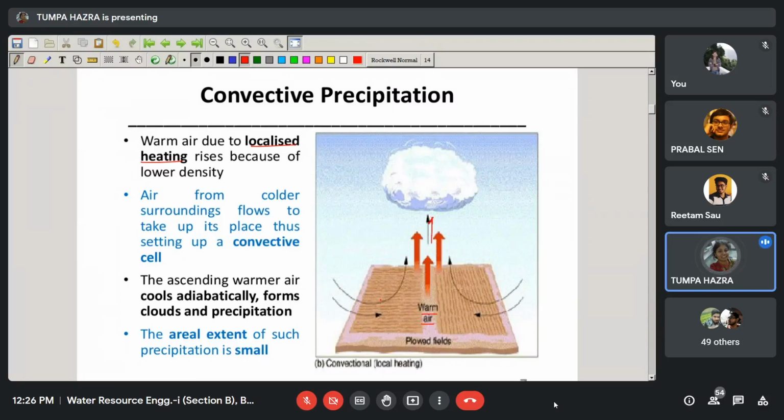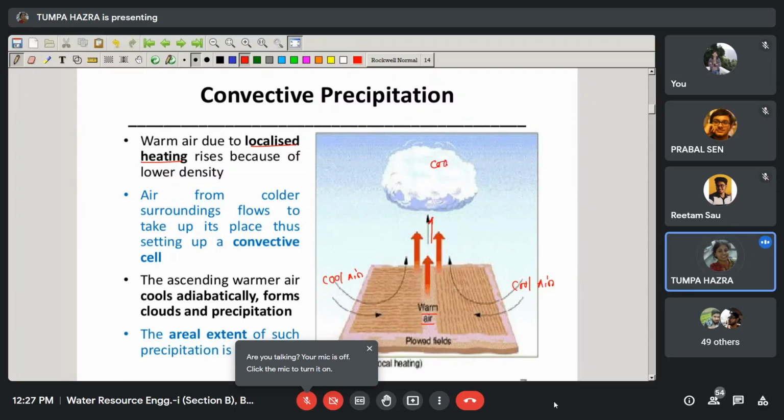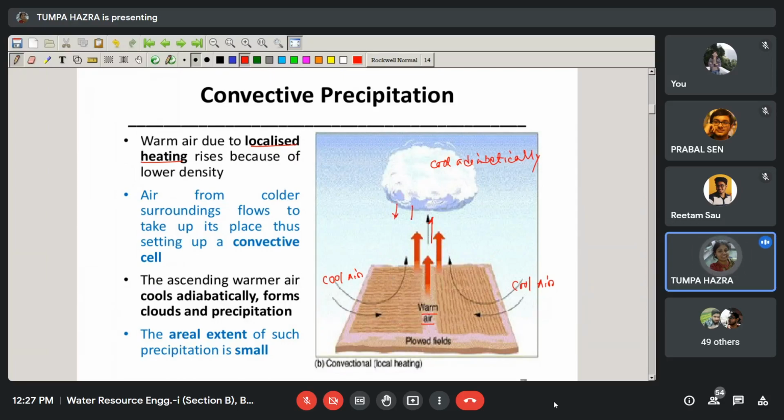This creates voids, and to fill the voids the cool air will come from the other side. The warm air that moves upwards will cool adiabatically, condense, form clouds, and ultimately result in precipitation.